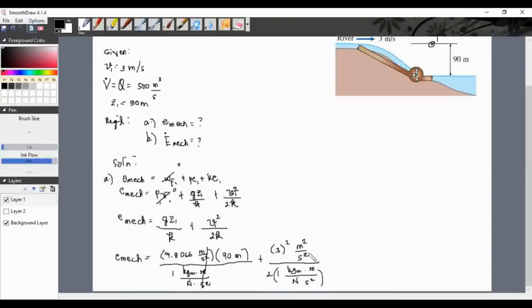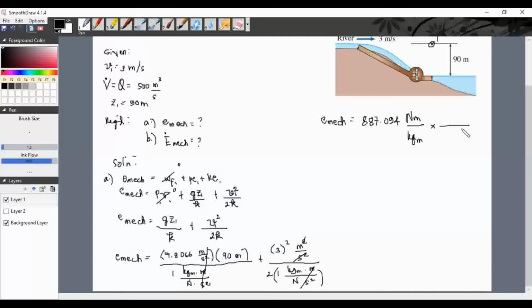So cancel na to, may matitirang isang meter. So we have mechanical energy per mass basis of, pag kinompute natin yan, 887.094 Newton meter per kilogram mass.